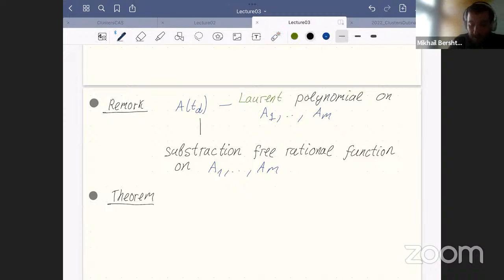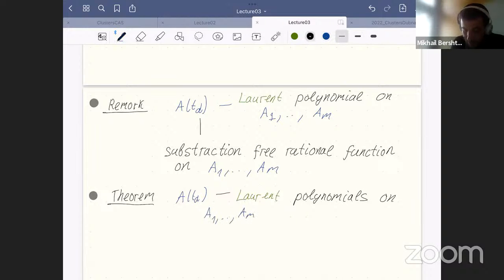The theorem says that cluster variables are actually Laurent polynomials on the same variables with positive coefficients. Here coefficients are just integers.